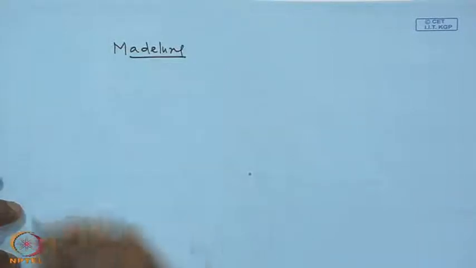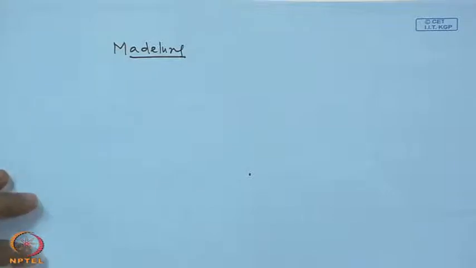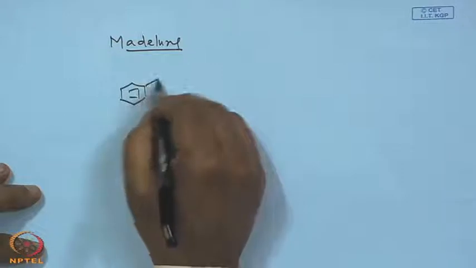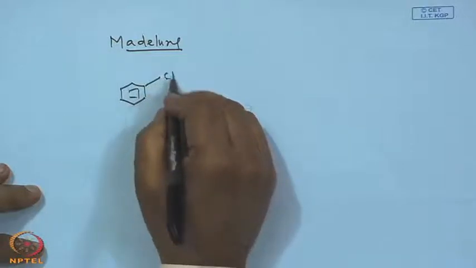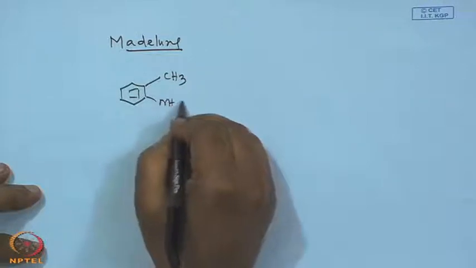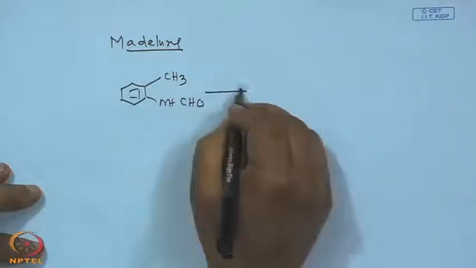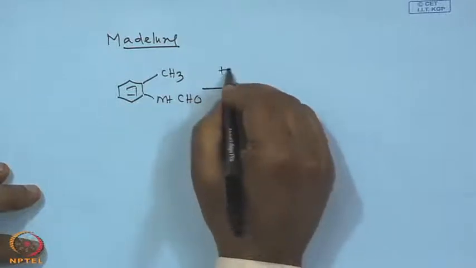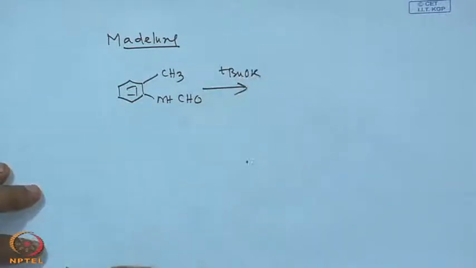The last one is the Madelung synthesis. What is the Madelung synthesis? It is something like this, right. You have to have a CH3 group here, NH and this thing. What it does actually is you have to use a strong base, so potassium tertiary butoxide.